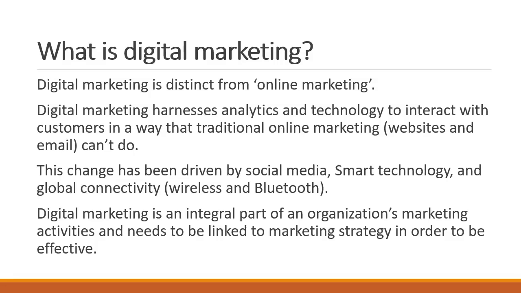The global connectivity with our wireless information and Bluetooth information also includes the Internet of Things and the fact that we have more and more smart technology available to us, such as smart refrigerators, smart appliances, appliances that are connecting to the internet.